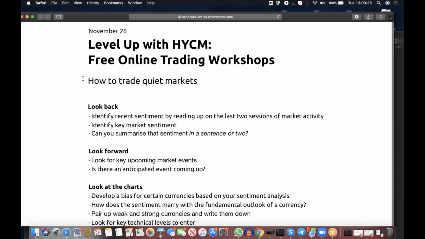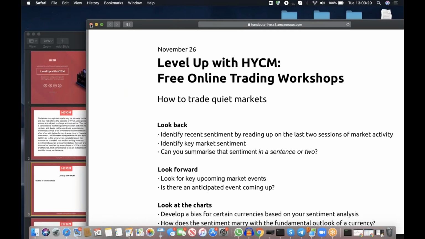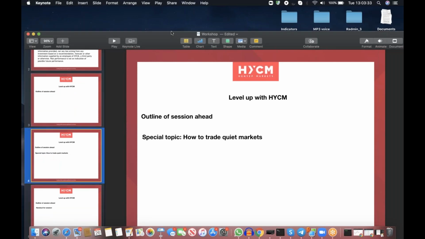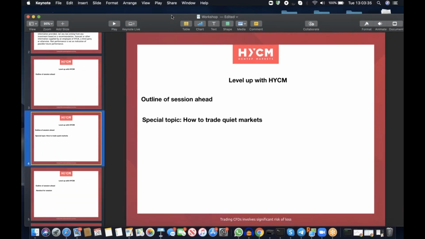So the special topic we're looking at today is how to trade quiet markets. Now that has been very, very helpful for last week. I didn't take any trades last week at all, and maybe that's a bit of a clue to the answer to how to trade quiet markets. But we'll be covering that during the session today because it's a key skill to really grasp.